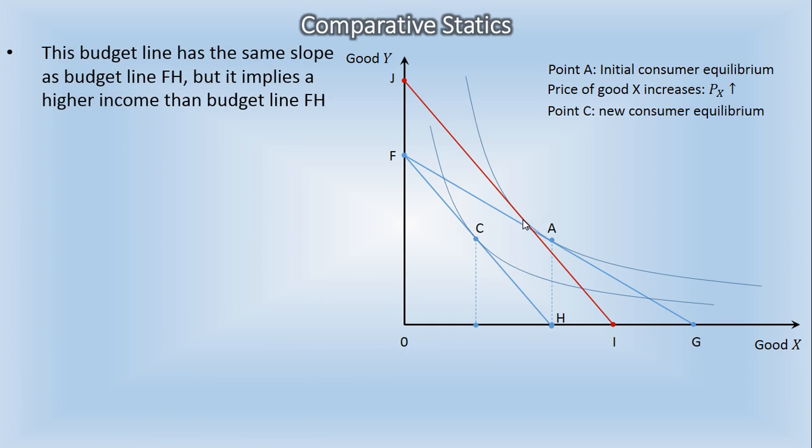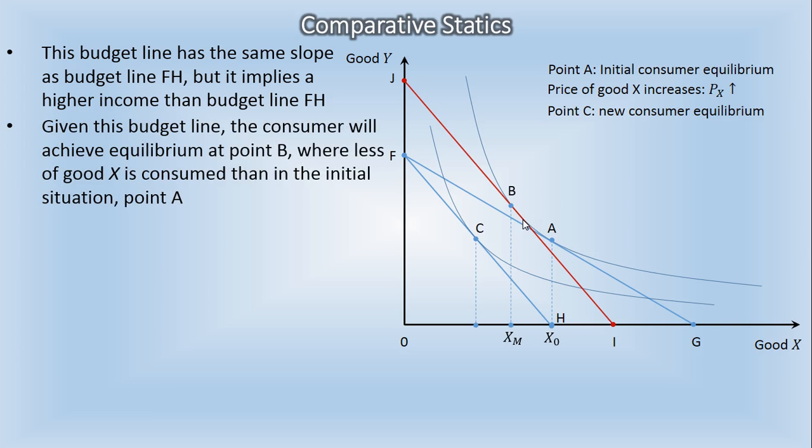This red budget line has the same slope as the one that was rotated in, because the market rate of substitution is the same there. We assume that the relative prices change. But again, we're imagining that the consumer can be given more income at that new market rate of substitution to be able to consume on the old indifference curve, to be as happy as they were before.